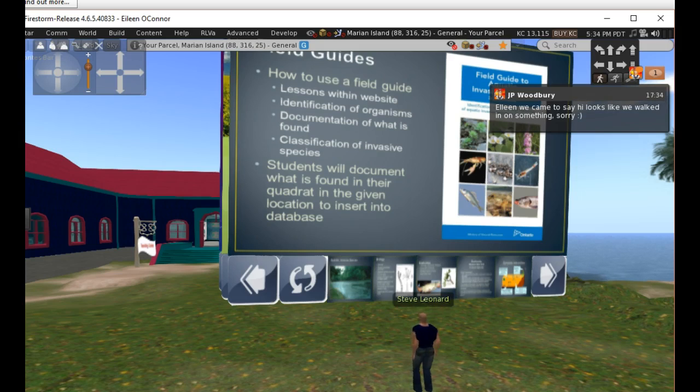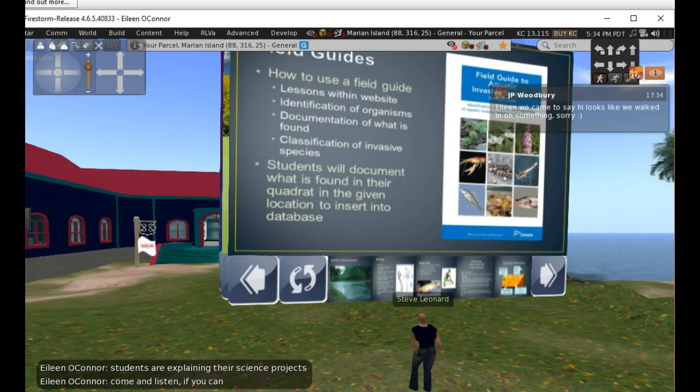On our website, you were able to document them based on your location and classify. And this way, students are documenting what's found in their quadrat and their location and putting it into that database so that everyone is really able to see what's going on and what's happening in that area.